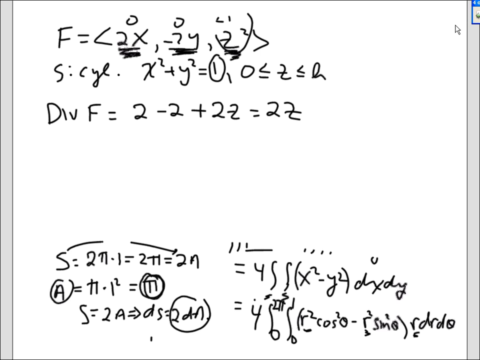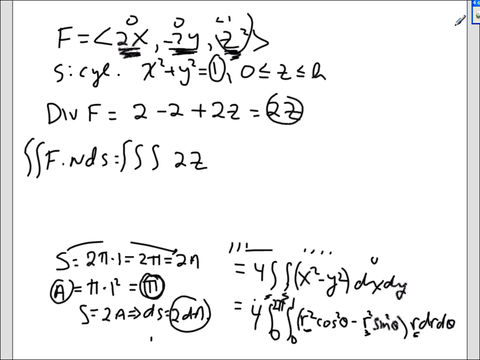And like we got before, it's 2z. So that integral, f dot n ds, is equal to the integral of the div. Actually, we can make it a triple integral. The div of f dv.